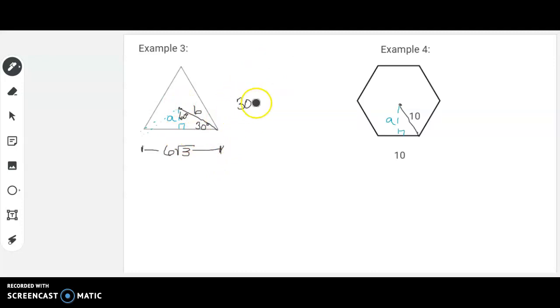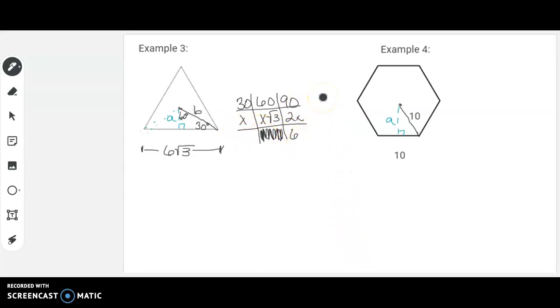I'm going to use my 30, 60, 90 graphic organizer, and we did learn this. It's going to be x, x square root of 3, and 2x. I'm given the hypotenuse side, so that goes under here, and I need the apothem side. The apothem side is the 30 side, so I need this side, and I really don't need this one.